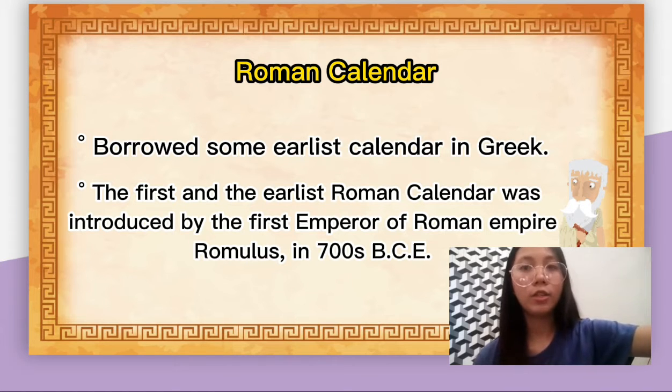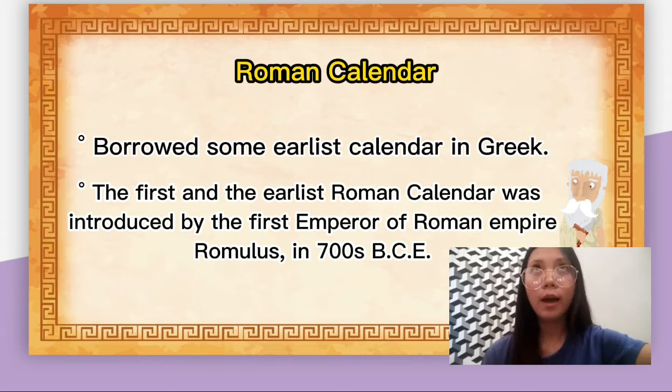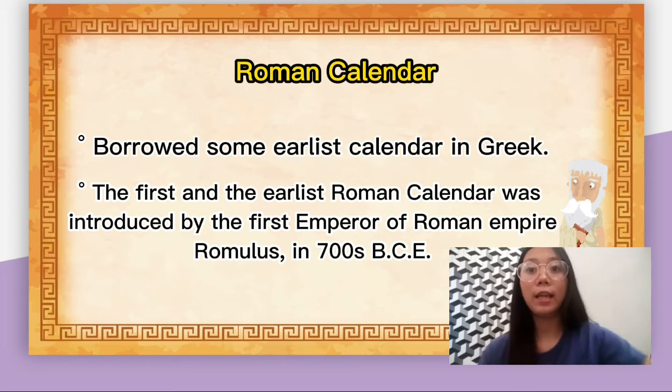As you can see, in the calendar we now have 365 days in 1 year, or if there's a 29 in February, we have 366 days.